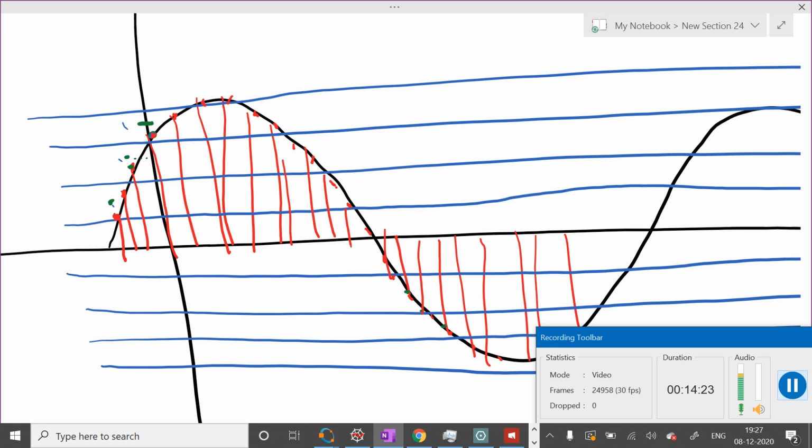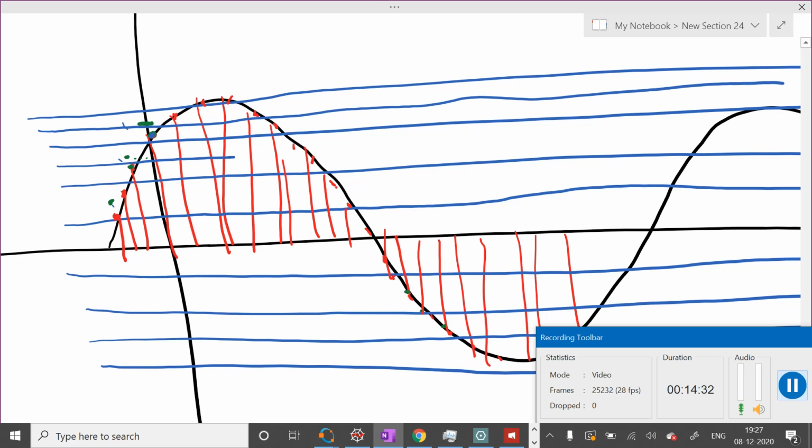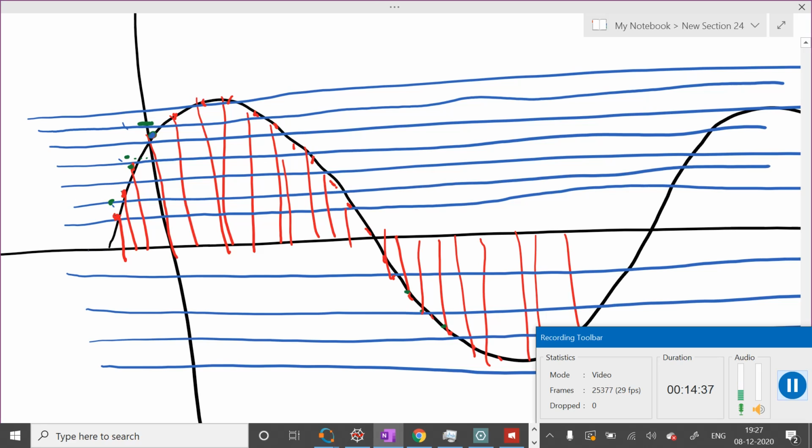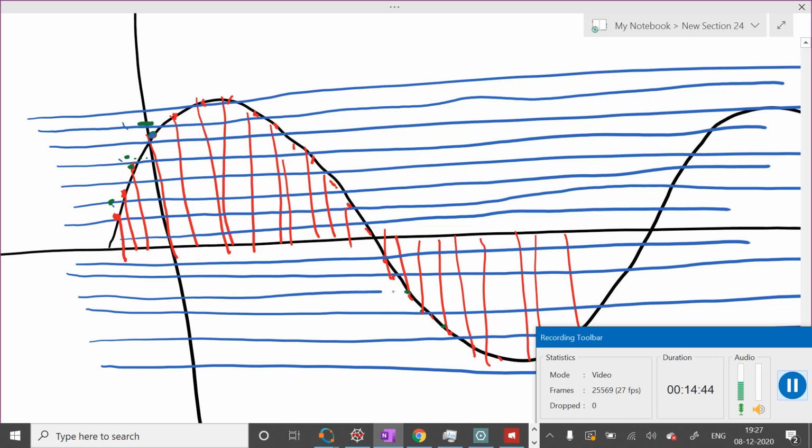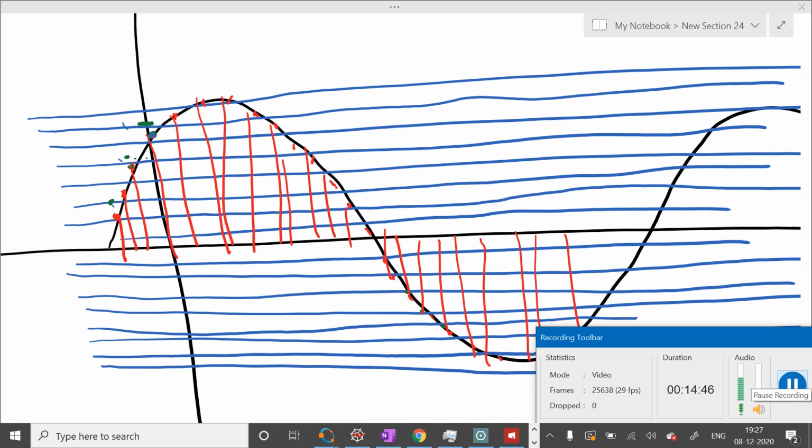So what can we do? We can increase the number of levels. Suppose I draw 8 more, so we now have 16 levels. I have increased these levels. Now you can see that earlier this point and this point came in the same interval, but now they are in different intervals.